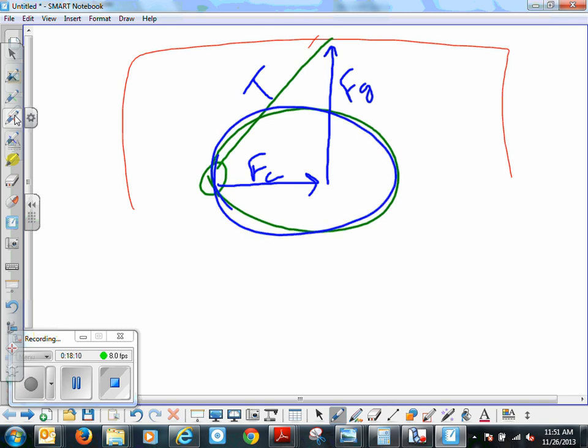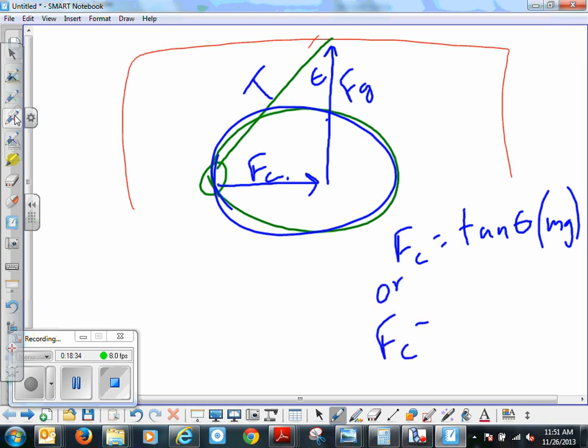If there's no centripetal force, it's not going to be in the circular path. So let's say we have theta here. Could we say the centripetal force is equal to tangent theta times mg? We could, right? Because opposite over adjacent, tangent theta mg. Or we could say the centripetal force is sine theta times T. Do you agree?